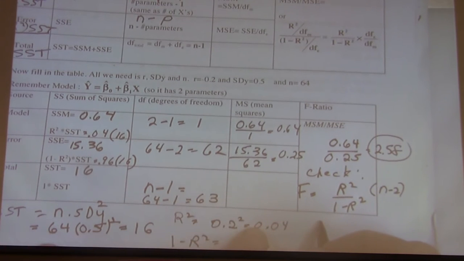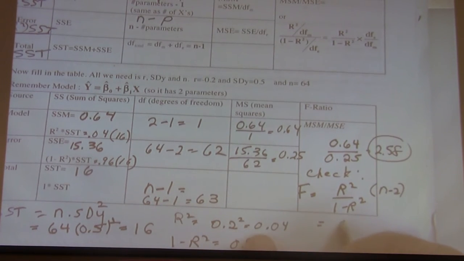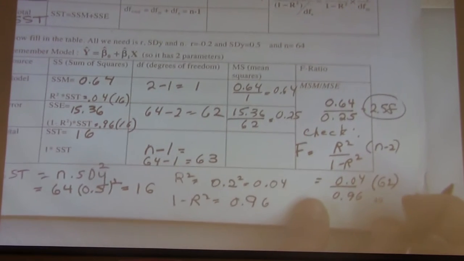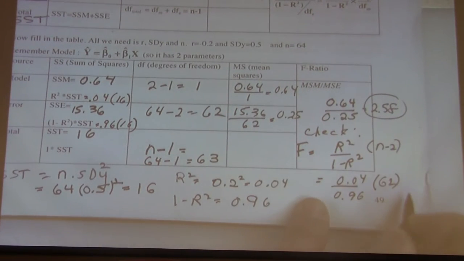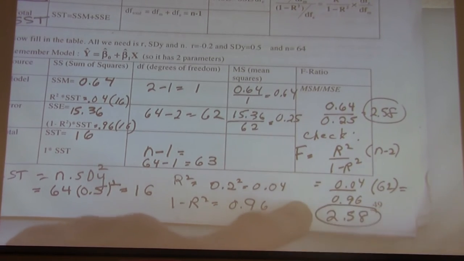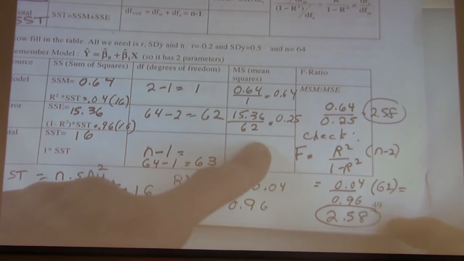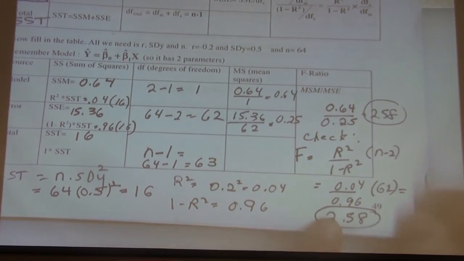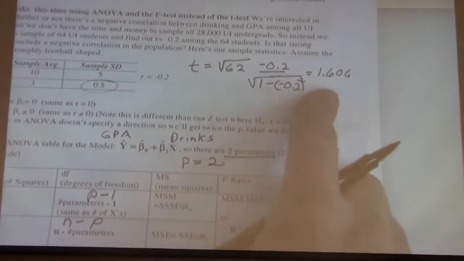So what do you get when you do that? That's 0.04 over 0.96 multiplied by 62. And you should get the same thing, 2.58. So you can check that way. And if you take the square root of this, you'll get 1.606.